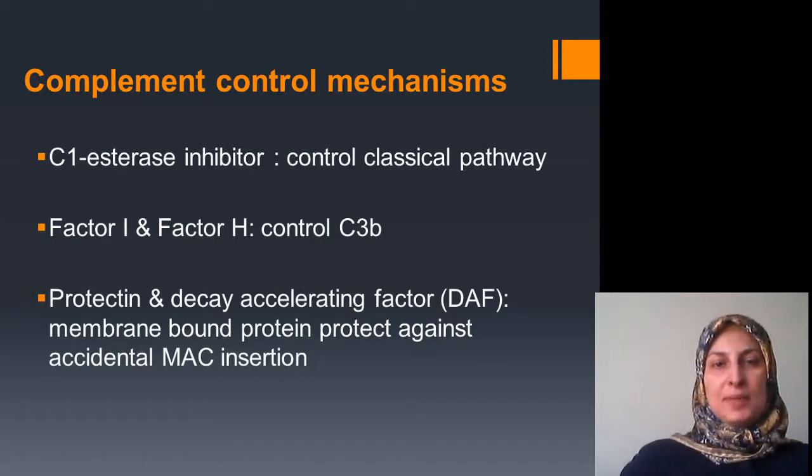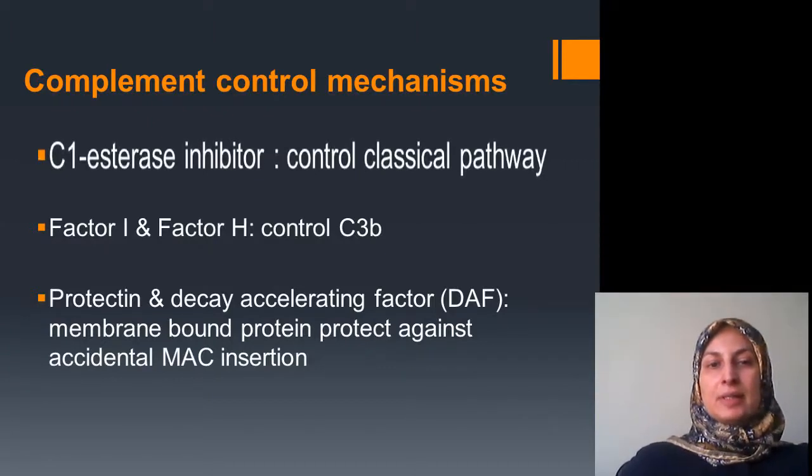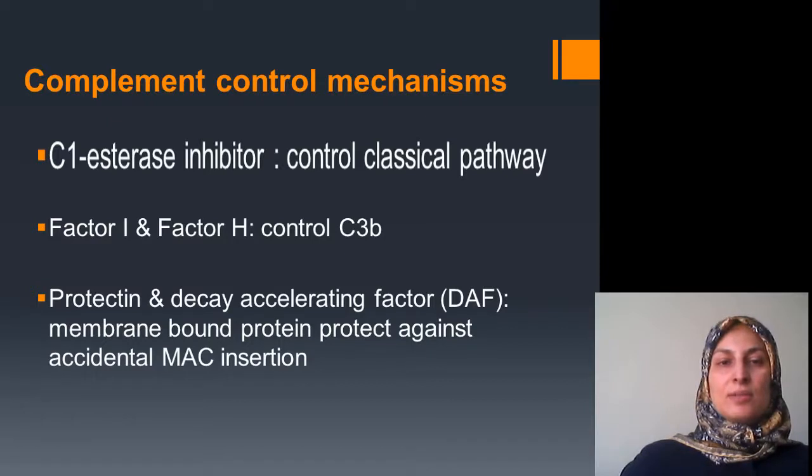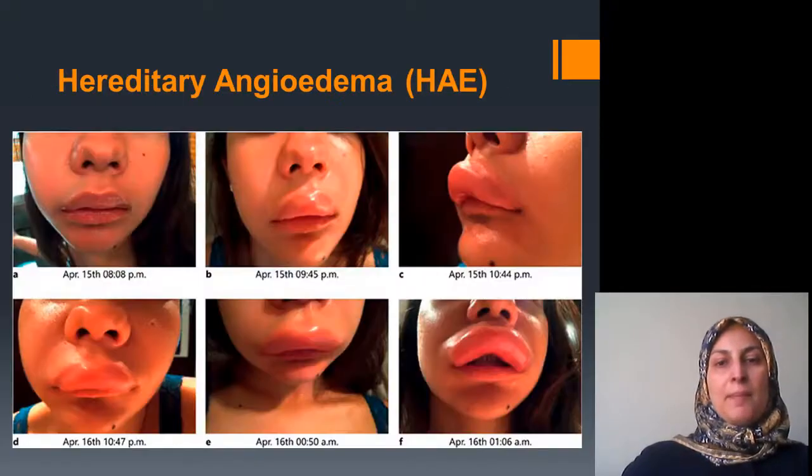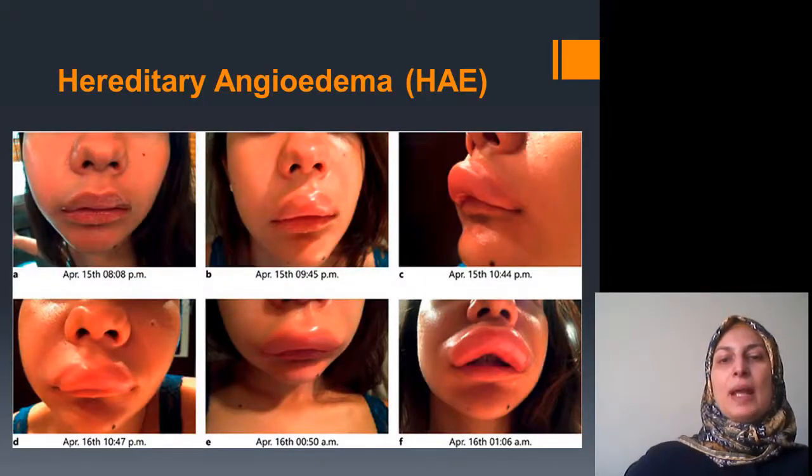Let's see what happens when something goes wrong with the control of the complement system cascade. To appreciate the importance of the control system, let's discuss what happens when the C1 esterase inhibitor is lost. And this occurs when a patient is diagnosed with hereditary angioedema.